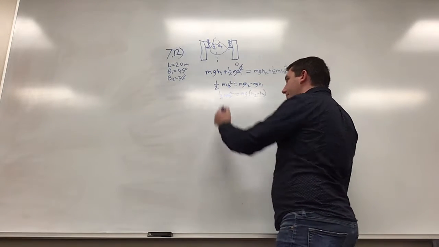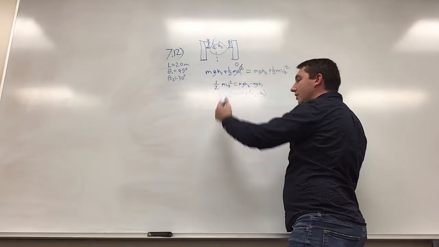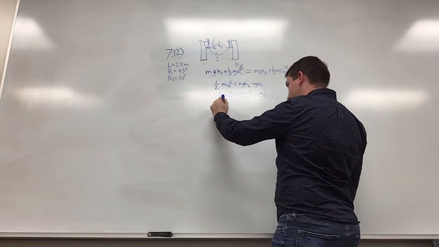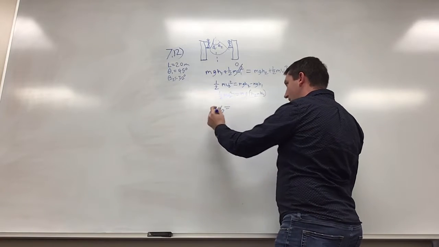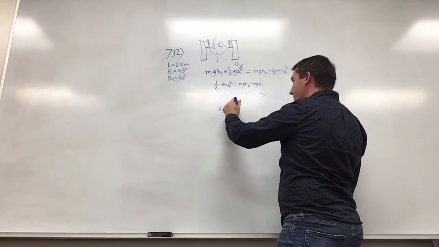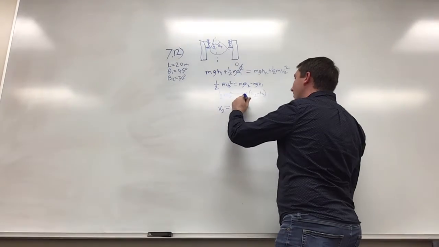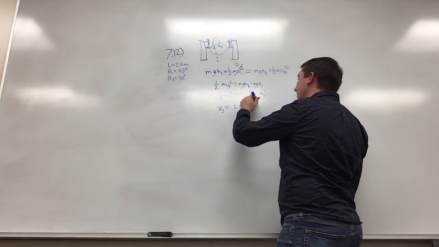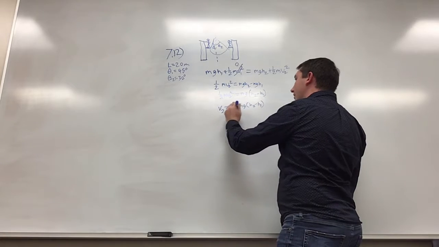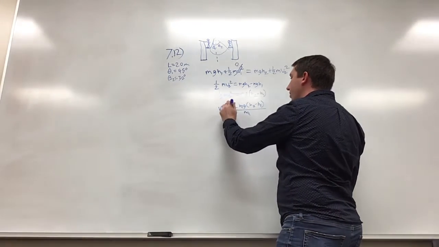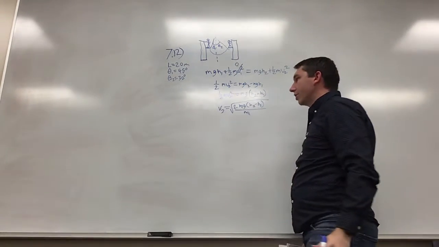And we can then isolate for the final velocity. The final velocity is equal to 2 times mass times gravity times the change in height, divided by the mass. Those will cancel, and all of that is square rooted.